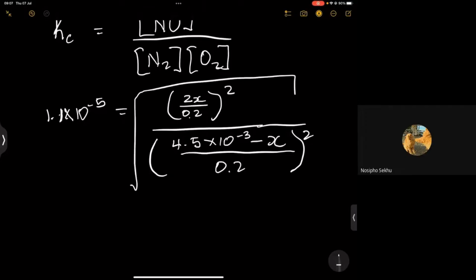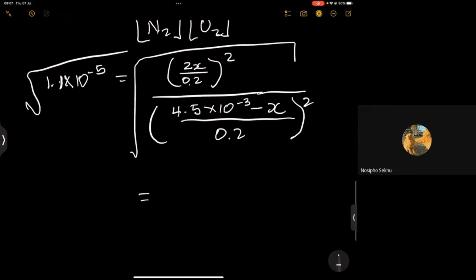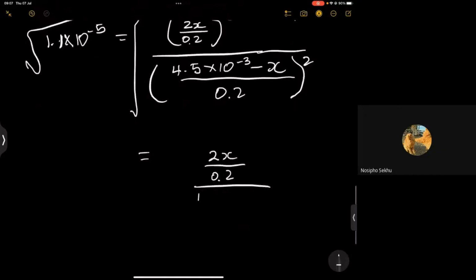Let me take the square root on both sides. Okay. When I take the square root on both sides, I will now get rid of the squares. I will have 2x over 0.2, okay, divided by 4.5 times 10 minus 3 minus x over 0.2.